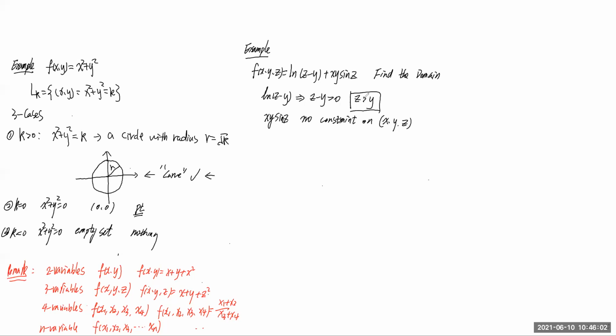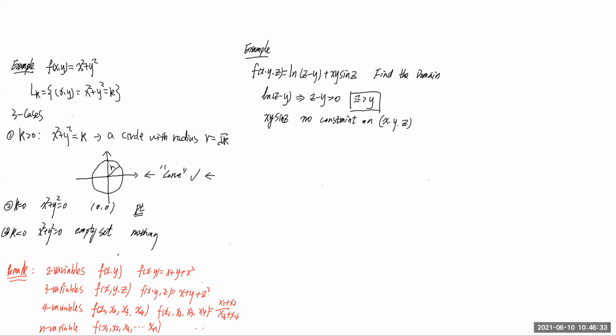Sketch this. Okay, this is the domain. Draw a picture for this one. You can see there is no x in the constraint, so x can be any number. Like I said before, for this type of problem, you just pick any x and draw a picture.